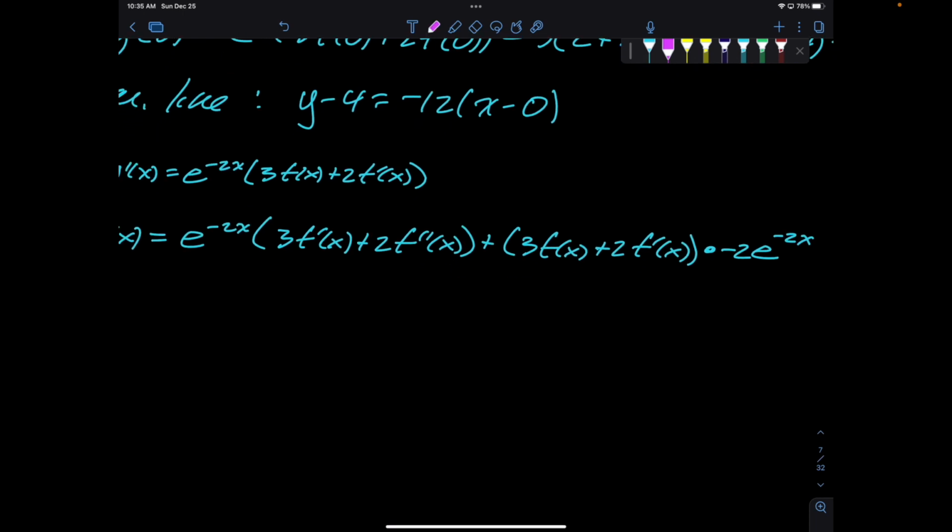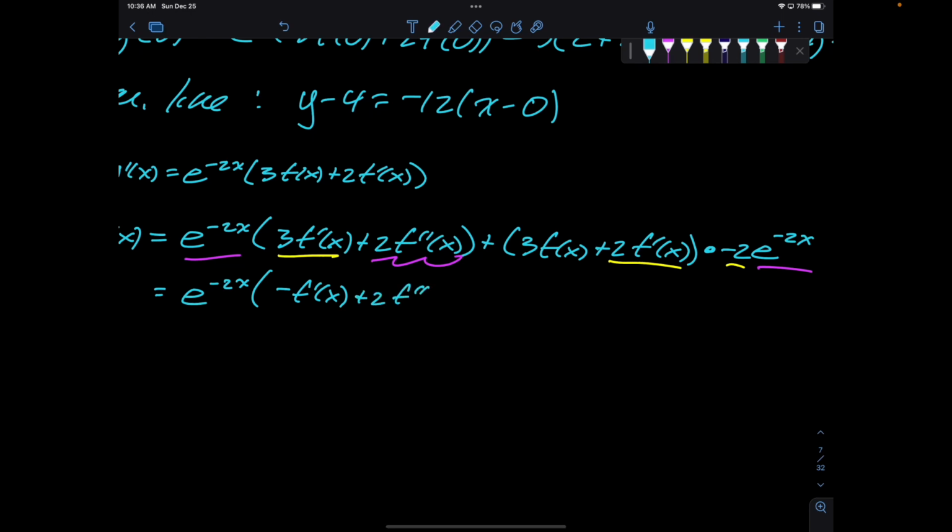All right, so we can take out e to the -2x. So we have 3f prime, and then you're going to end up with -4f prime because of that. So 3 and -4, so -f prime of x. We're going to have 2f double prime, so plus 2f double prime.